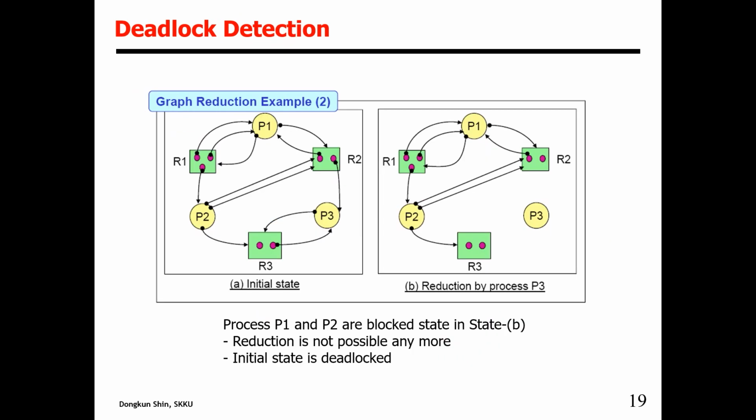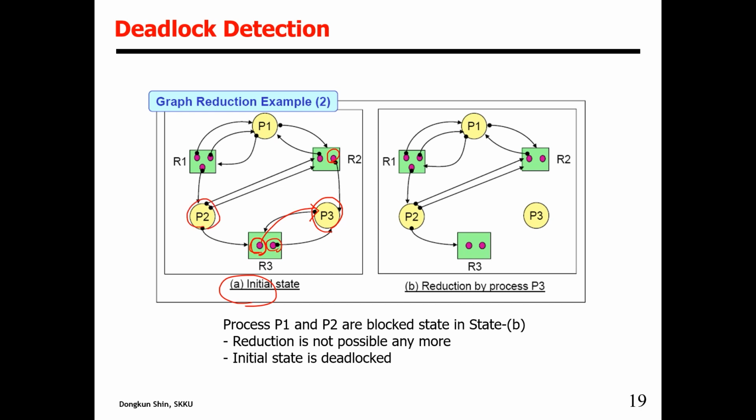But this graph shows the deadlock case. For this initial state, there is only one available resource here. If this resource is allocated for P3, then P3 can be completed. Then this resource is freed, and this is also freed.